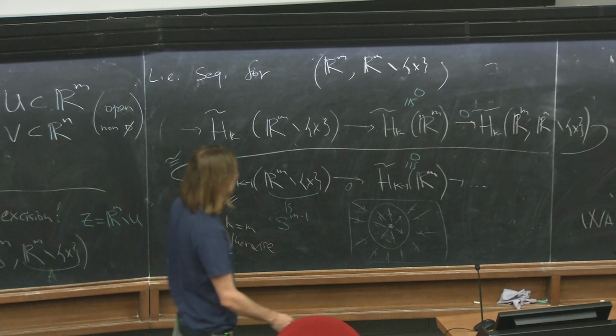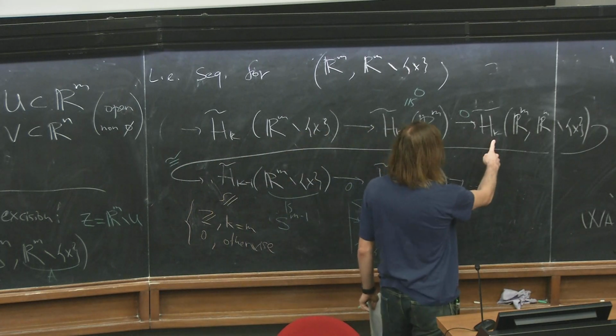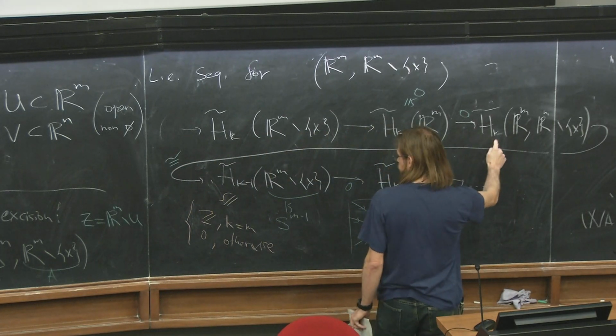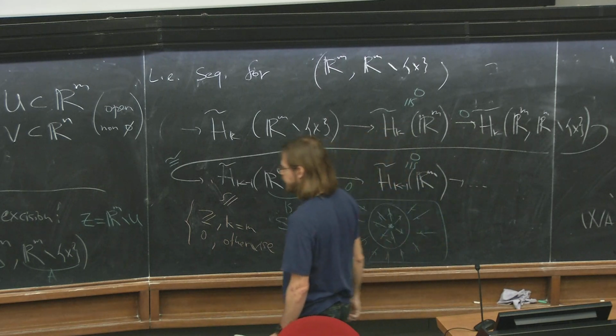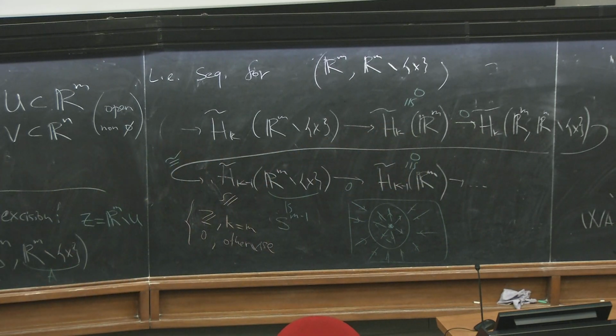And this tells us what the reduced homology groups are here, because they're isomorphic. And from the excision theorem, we then learn the homology groups of the pair U, U minus a point.